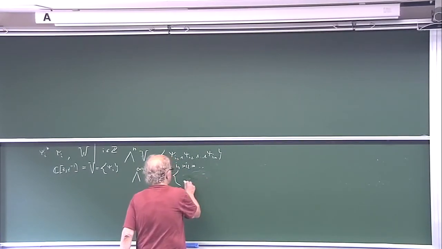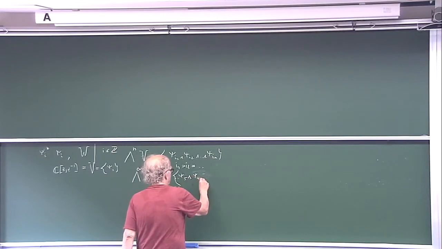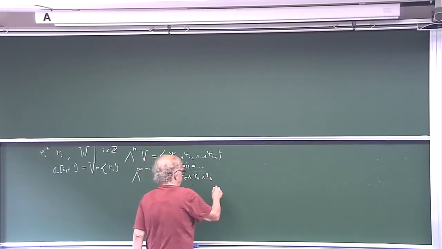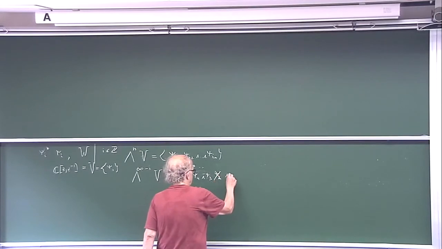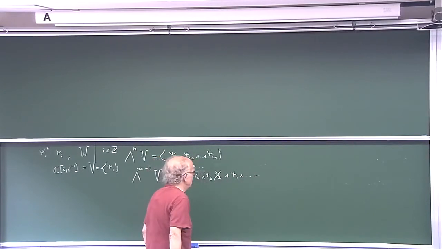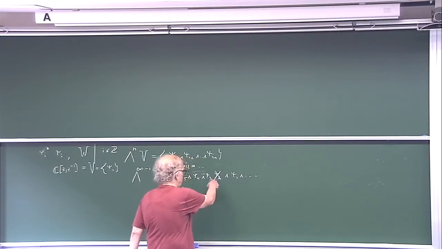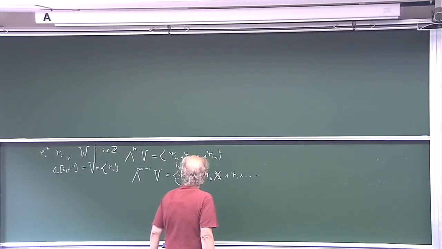So it may be like this: psi something, an infinite tail till, say, psi 4, psi 3, and then some gap. So it means psi 2 does not exist. Then next it will be psi 1, and so on. And so this is an infinite product with a gap here, and we can have a finite number of these gaps.